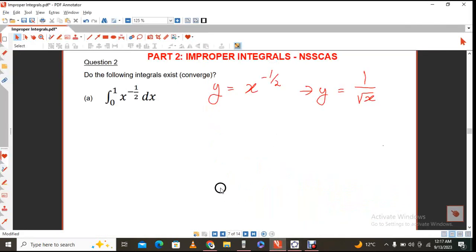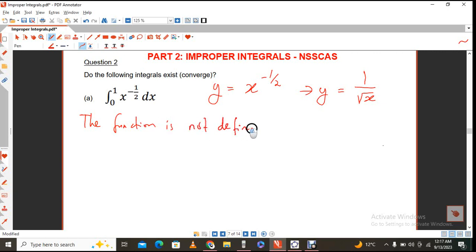Before I continue with that graph, I want you to understand that concept from what I was just saying: the function is not defined when x equals 0. Therefore, we're going to make the lower limit of integration a t.